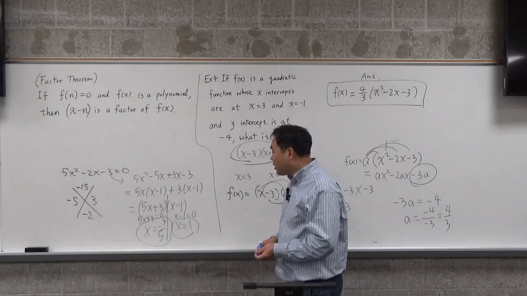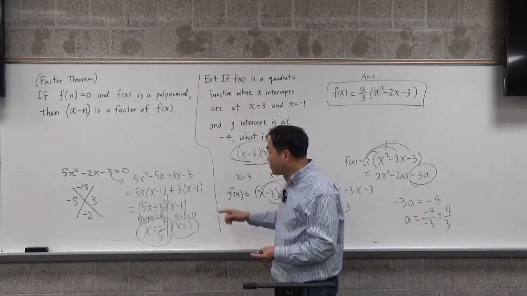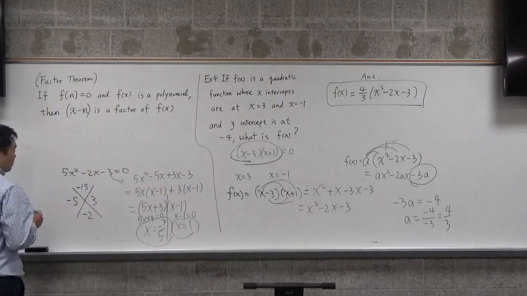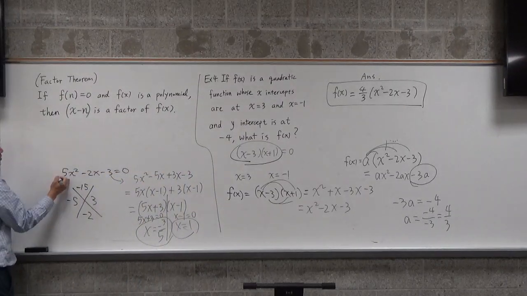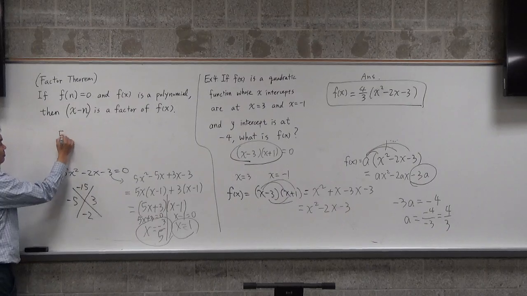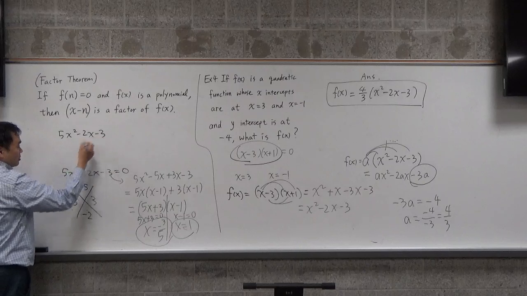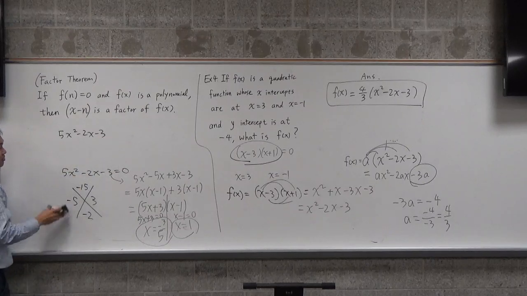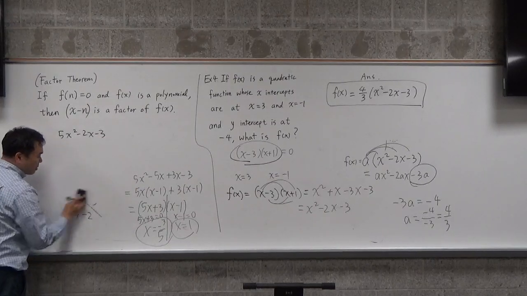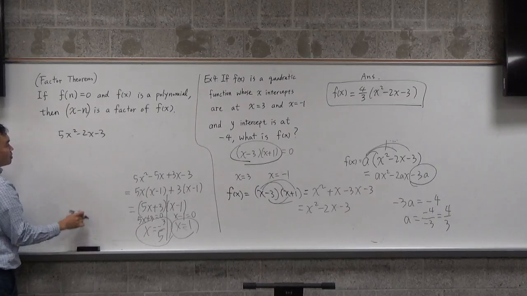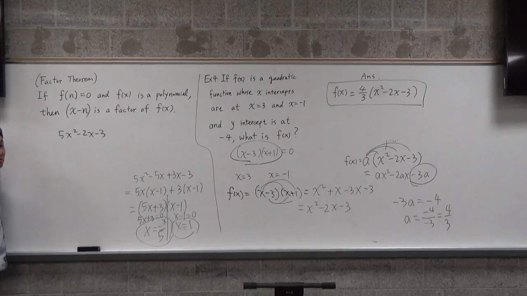So let's see how we can use this. For example, let's say we want to factor 5x squared minus 2x minus 3. There's a faster way, because if you plug in 1, what do you see?